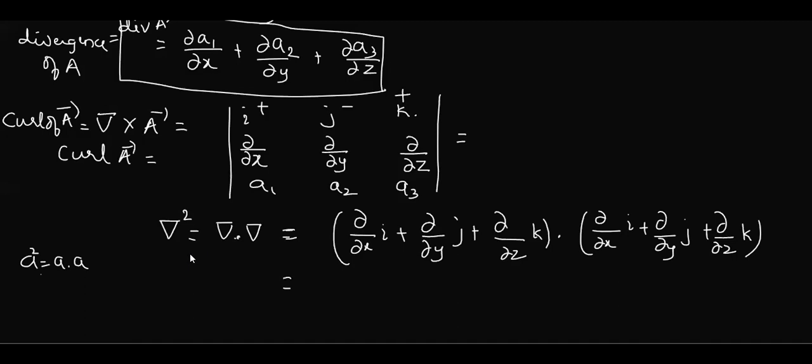Dou by dou x into dou by dou x will be what? Very interesting question. Is it dou square by dou x square, or dou by dou x the whole square, or something else? See, it's very simple. It is just like dou by dou x operating on dou by dou x. It's not like a product. You would have written it as a square if this was a constant quantity.